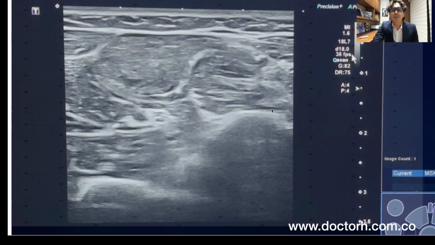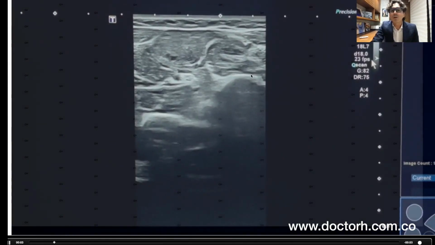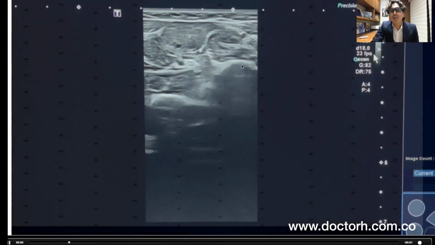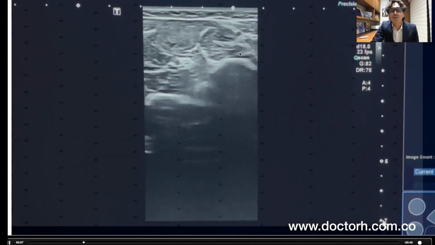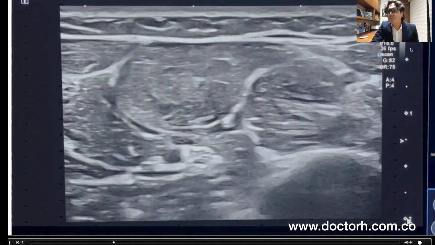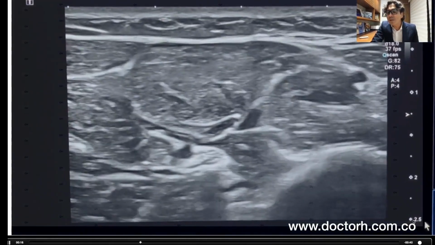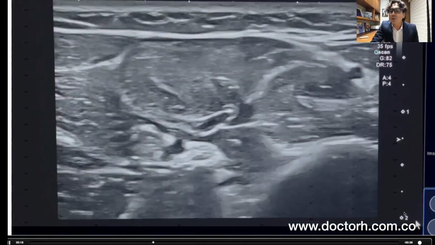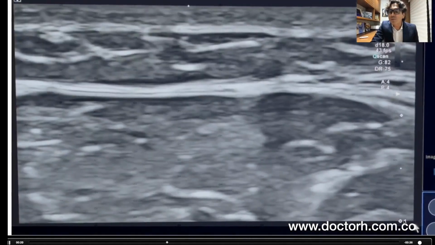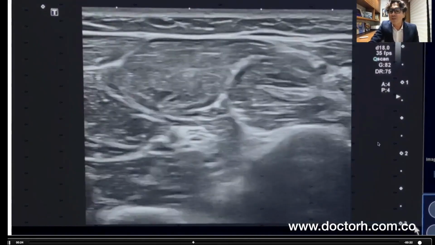Depth, then, let's see another example. Look here, the depth, which is in close relation with the frequency, is also managed from a knob that automatically moves this scale where the depth is numerically described. So here we go from 1.5 centimeters, here 1 centimeter, and we can increase it.